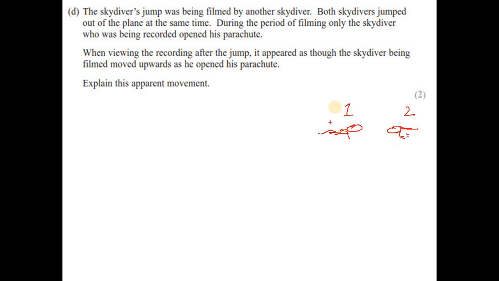Opening the parachute increases the drag force for diver 1. Due to the dramatic increase in the drag force, the velocity of diver 1 decreases. But diver 2, who's filming the jump, keeps falling with the same previous terminal velocity, which is higher than the new velocity of diver 1. That's why diver 1 appears to move upward.